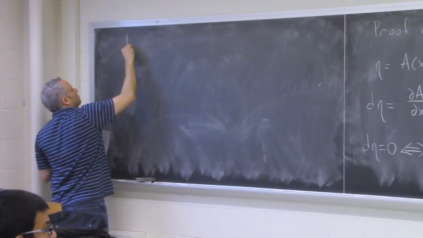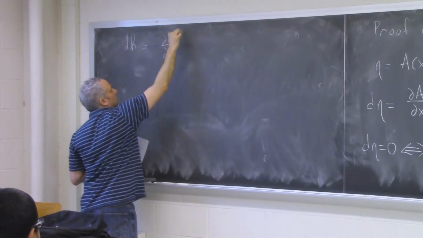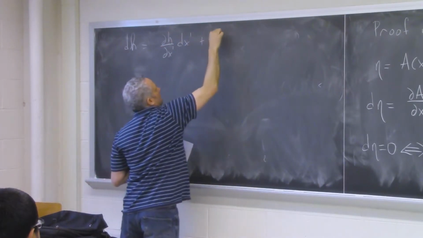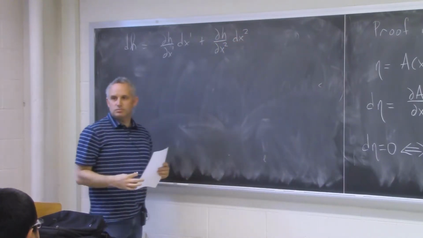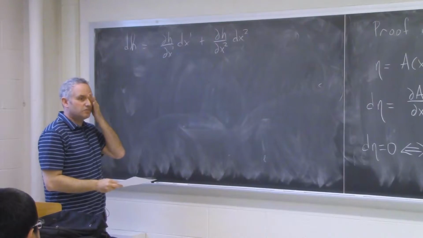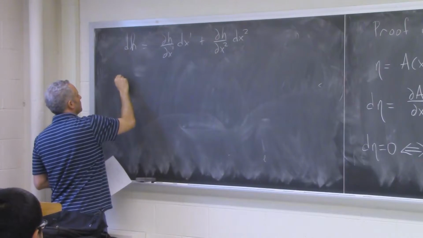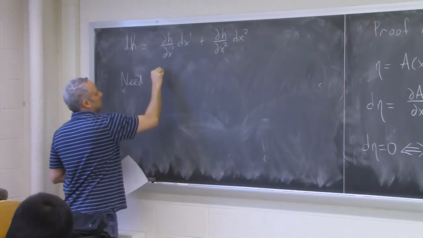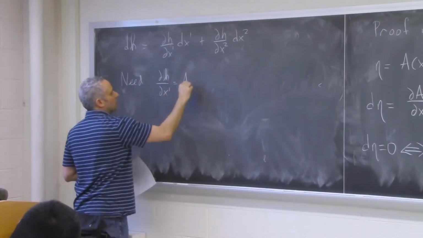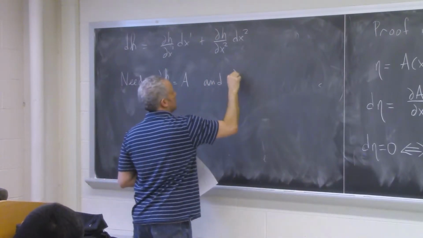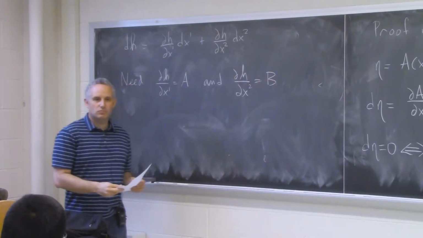So d of h by itself is the partial derivative of h with respect to x1 dx1 plus the partial derivative of h with respect to x2 dx2. Right? That's the exterior derivative of any function on R2. And we need to show then that the partial of h with respect to x1 equals a, and the partial of h with respect to x2 equals b.